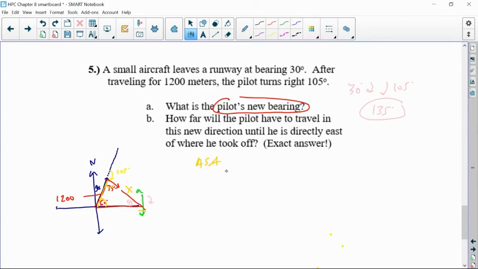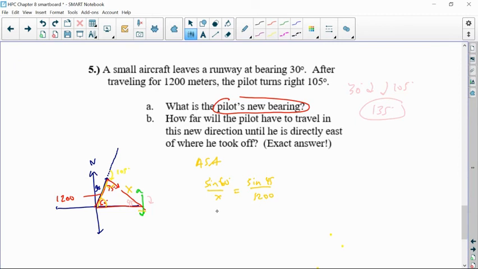And so I could just say that the sine of 60 degrees over x is equal to the sine of 45 over 1200. Both of those sine values are values I know, because it does say to find an exact answer.